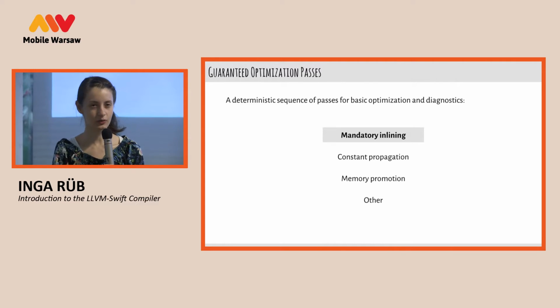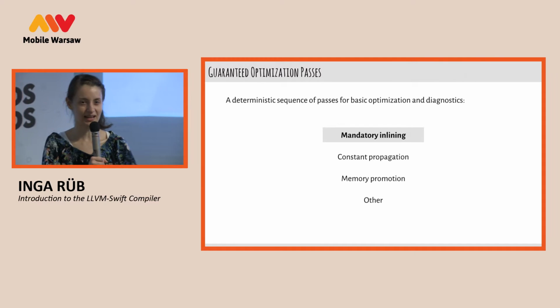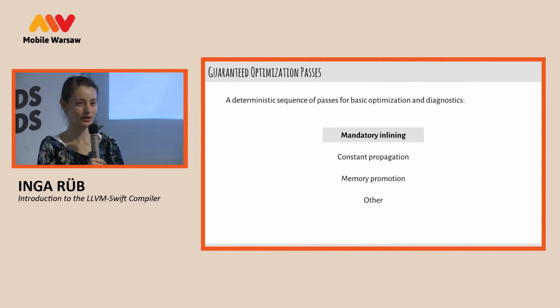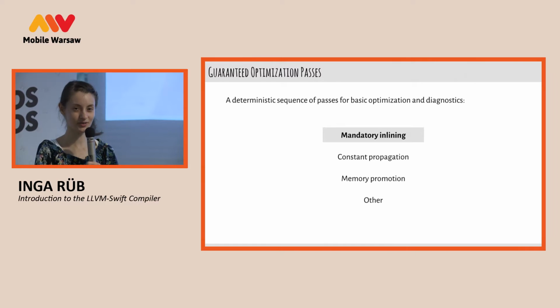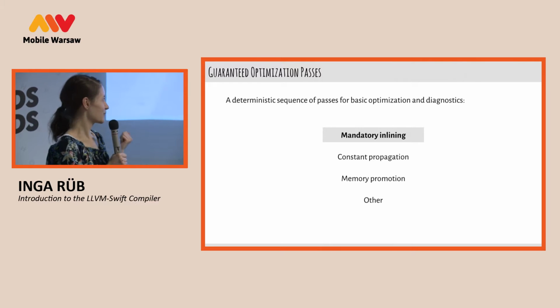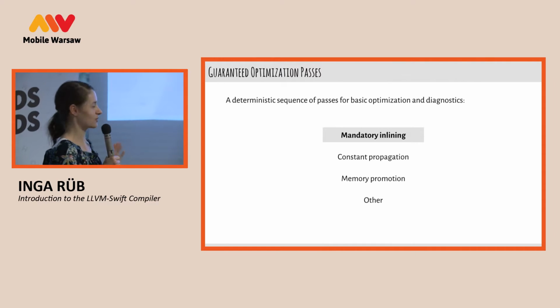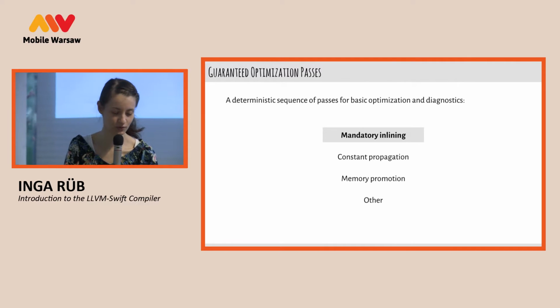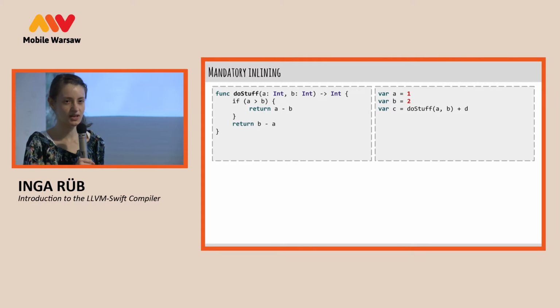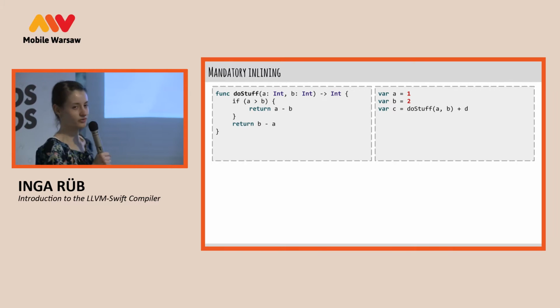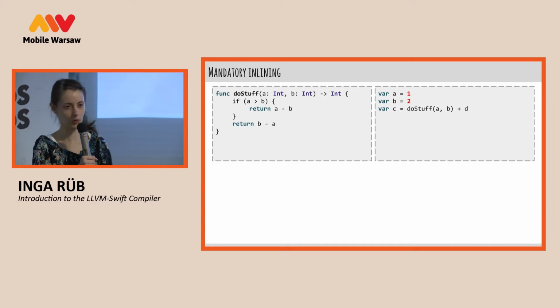At first, I don't want to analyze SIL right now. You are a little bit tired after this introduction. So I will begin with something easier, something very basic, just to recall that the first optimization that is performed is mandatory inlining, and probably we all know what inlining is.